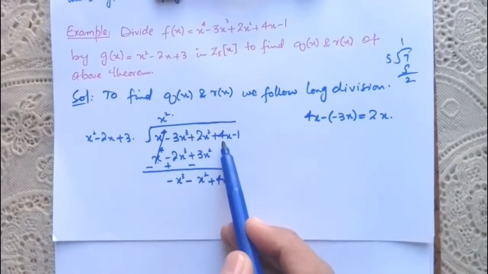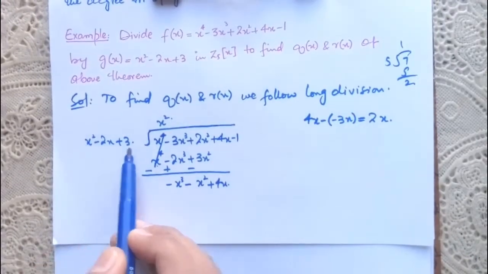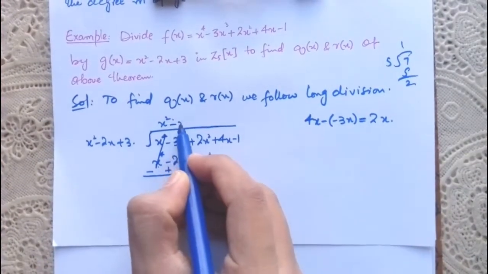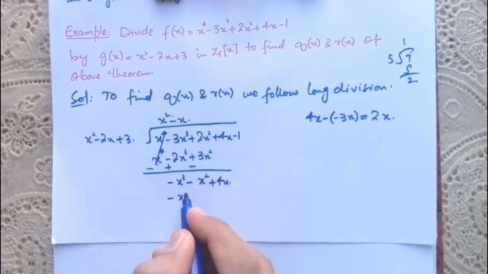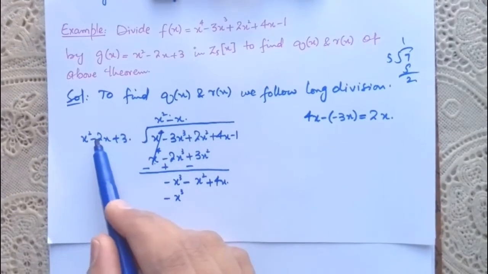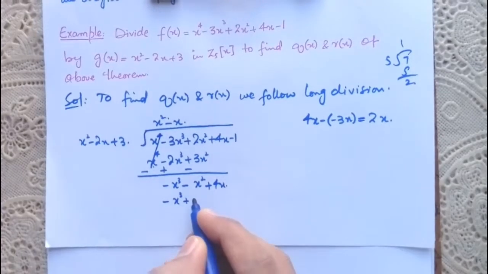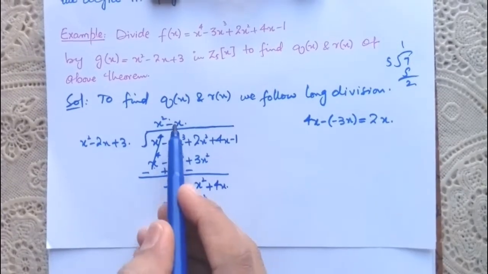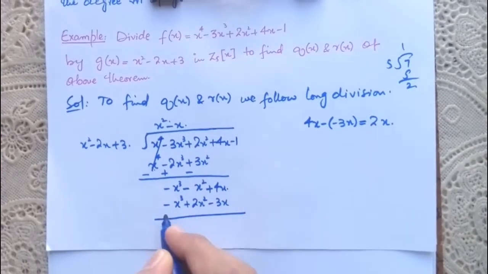Now we write this term plus 4x, and now multiply this factor by minus x. So we get minus x^3, and minus into minus is equal to plus 2x^2, and minus 3x, right?